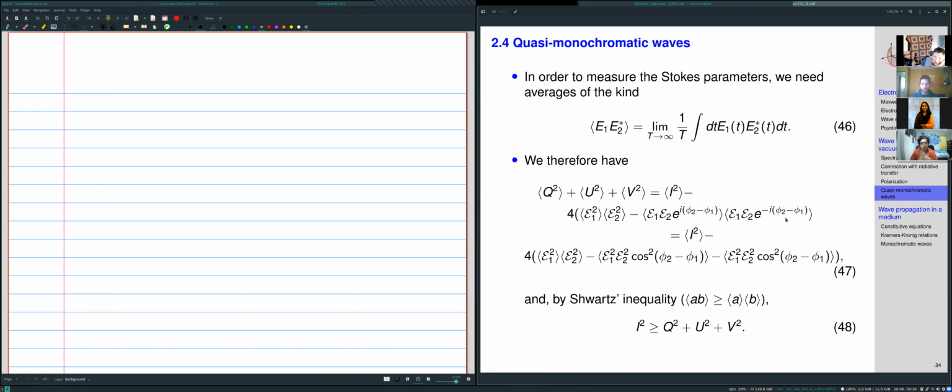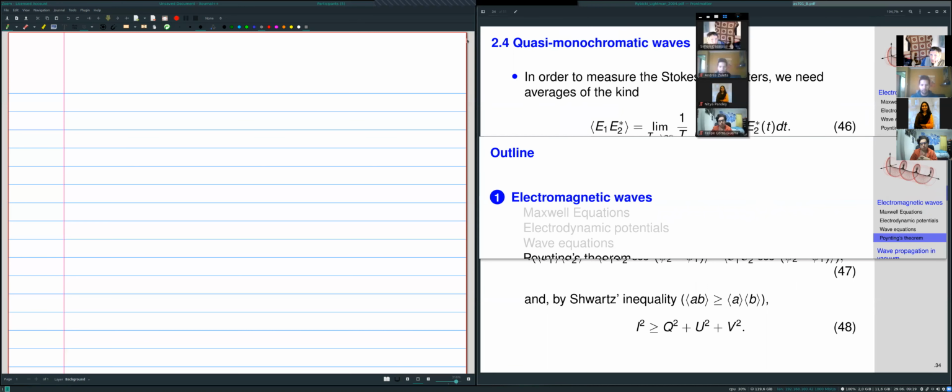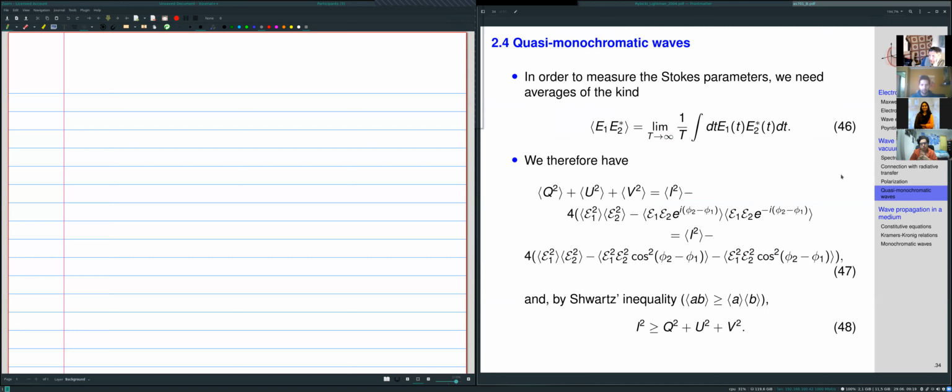finding this interesting relationship between the Stokes parameters for quasi-monochromatic waves. For measuring the Stokes parameters, I remind you, let's go back a little bit.